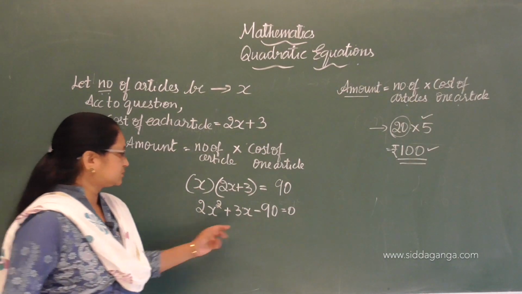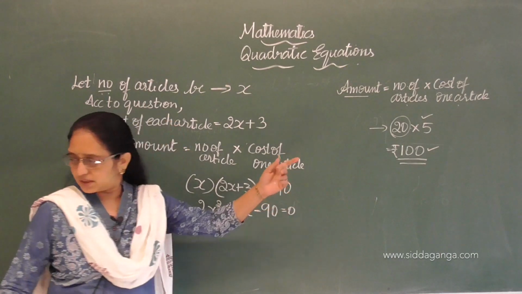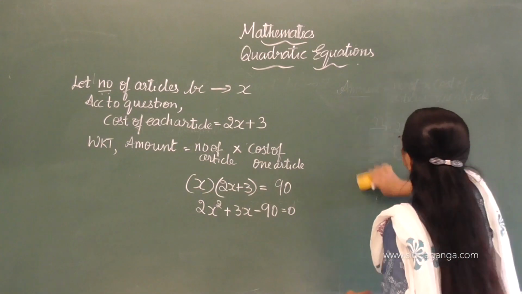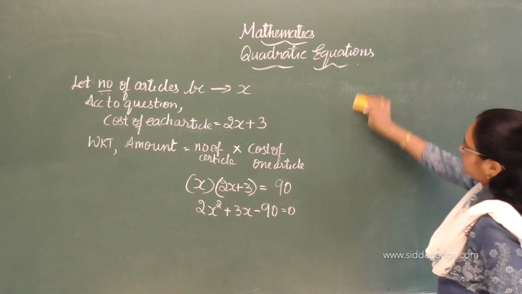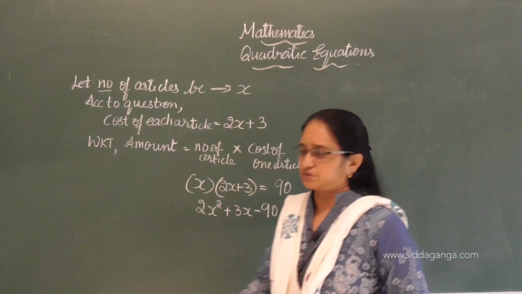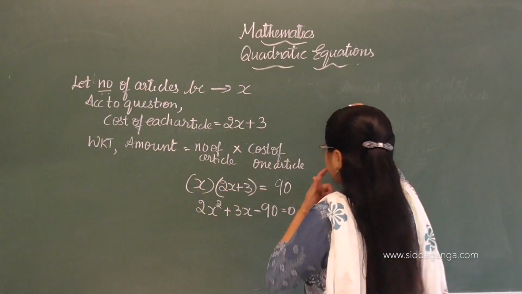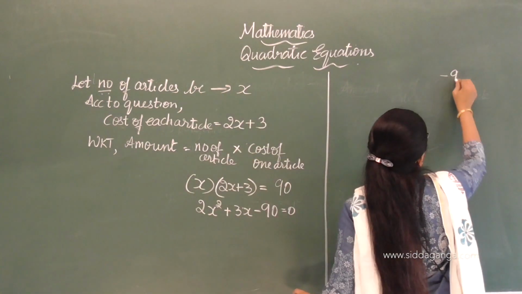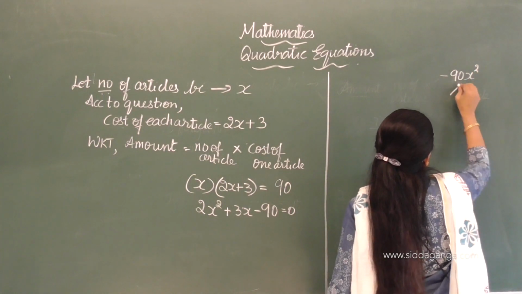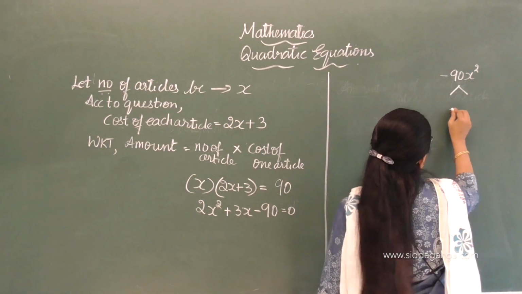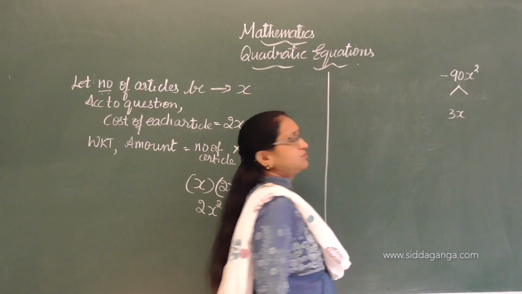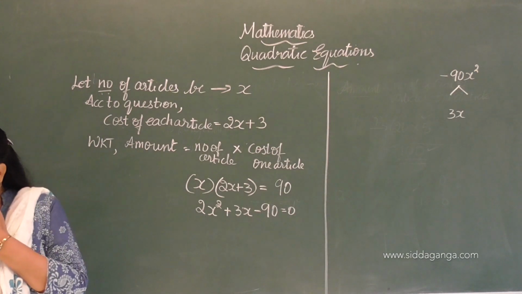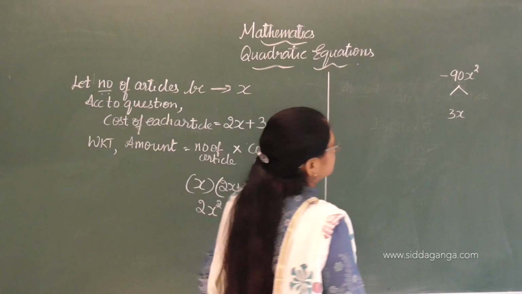Once you understood this basic concept, it is easy to write the quadratic equation. Now, 90, 2 9s are 90, and 3x you need to get. So how will you do? Just think of trial and error, you can get 12 into 15, 15 into 12.